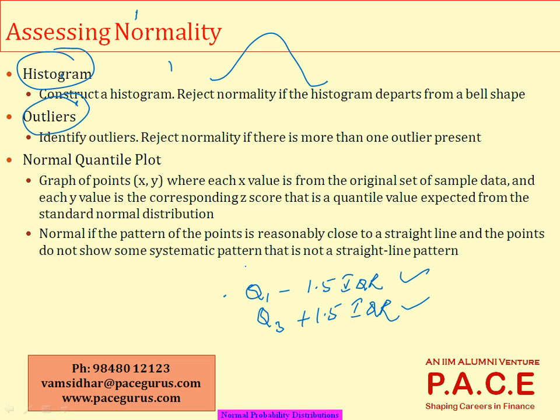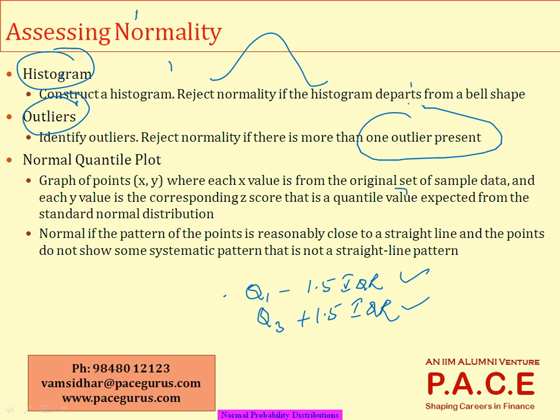Now in the particular data, try to identify outliers. If one is present, or at the max two are present, you can omit them. But if there are more than one or two outliers in the entire data, then you can very well say that it is not a normal kind of data.